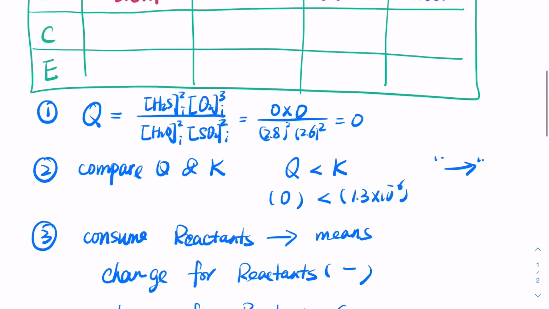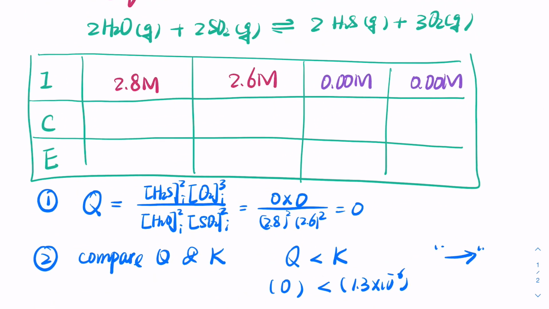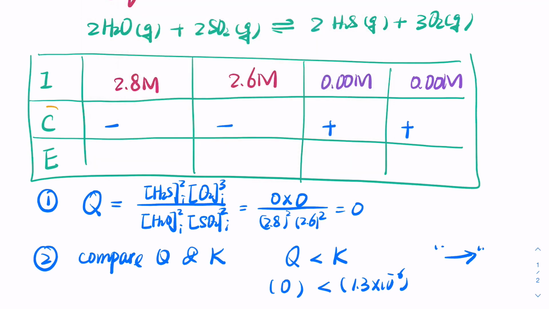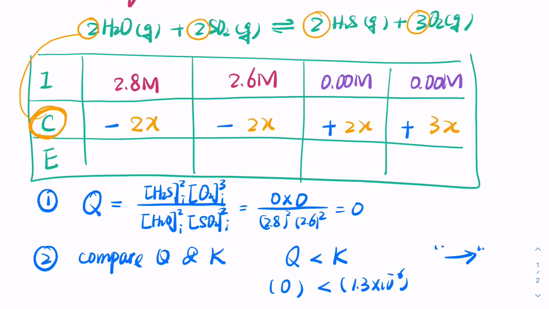So we can do negative, positive, and positive. The other thing to remember from the lecture is that the change goes back to the coefficients, so this will be 2x and 3x. The sign is decided by the relationship between Q and K.